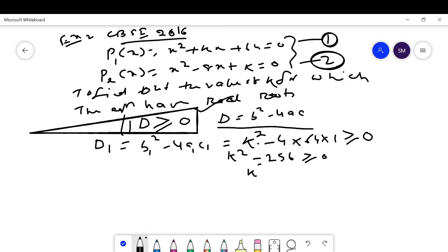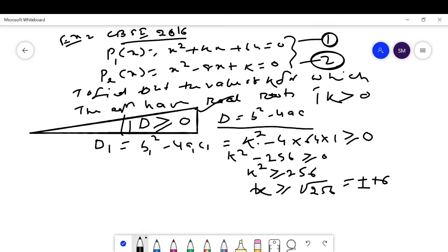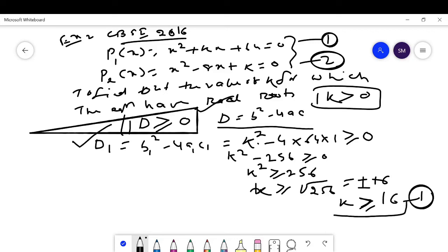This means k square is greater than or equal to 256, which implies k must be greater than or equal to the square root of 256, which is plus or minus 16, but the condition is given that k must be a positive number. Hence k is greater than or equal to 16. First, from d1 we come to the conclusion that k is greater than or equal to 16.